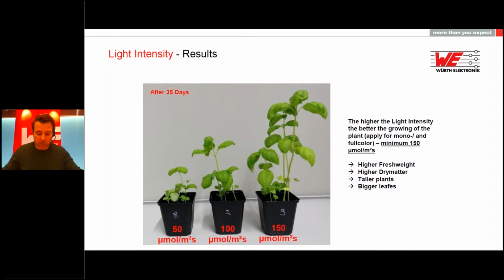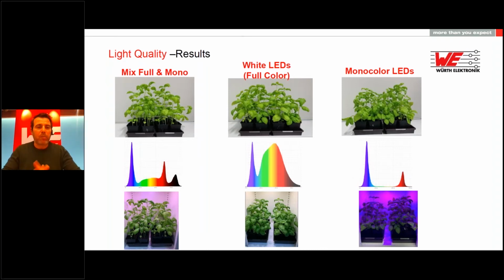What else we wanted to study here is how the plant will look if we use different wavelengths. As you can see, this is also a place where you can play with the plant and get different results.